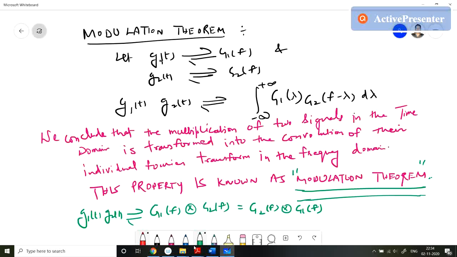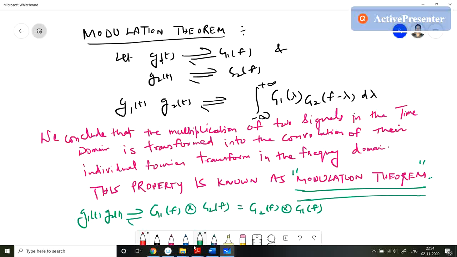That is the same. So a very important thing is that multiplication in the time domain is equal to convolution in the frequency domain. This is a very important property, called the modulation theorem.